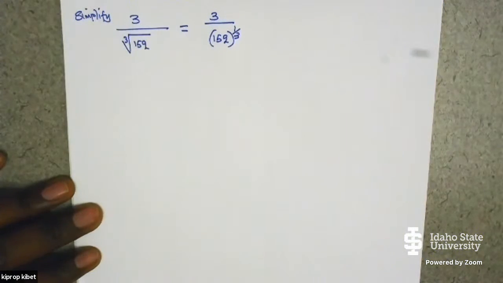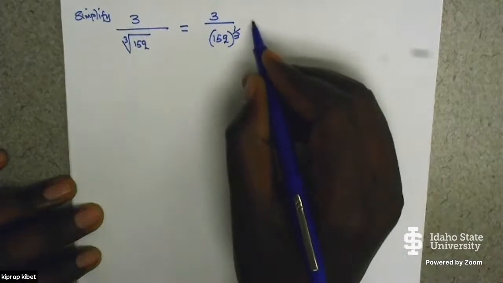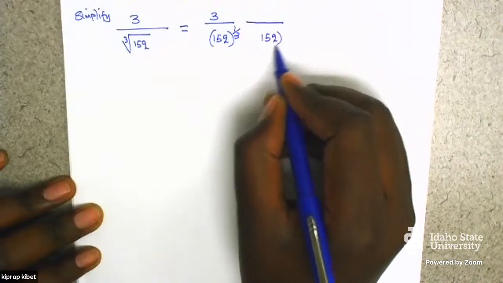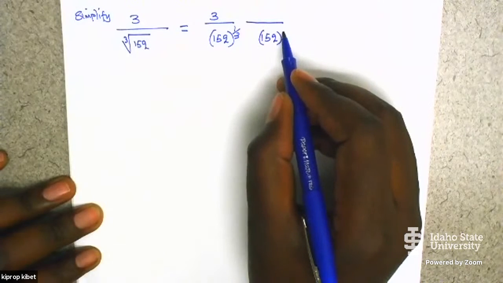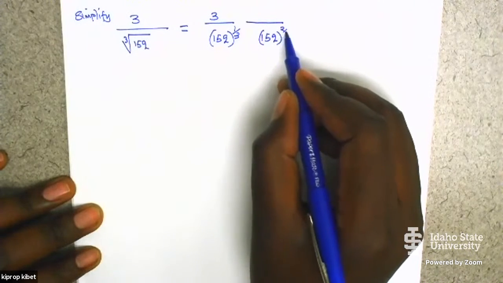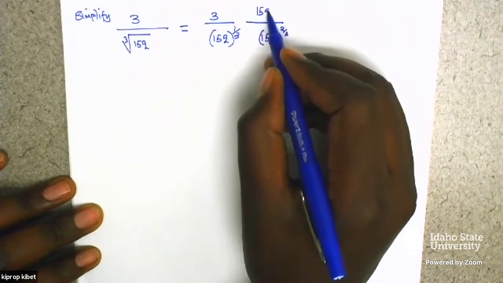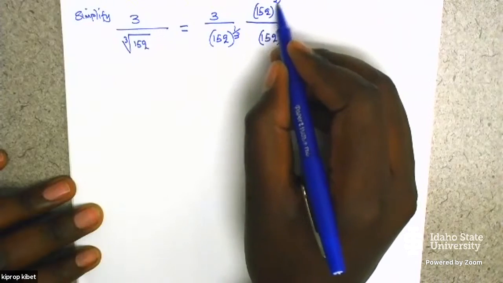1 over 3. Now, to remove the radical, what happens here? We do what here? 2 all over 3. What you do down here, you do it up here: 15 cubed raised to 2 all over 3.